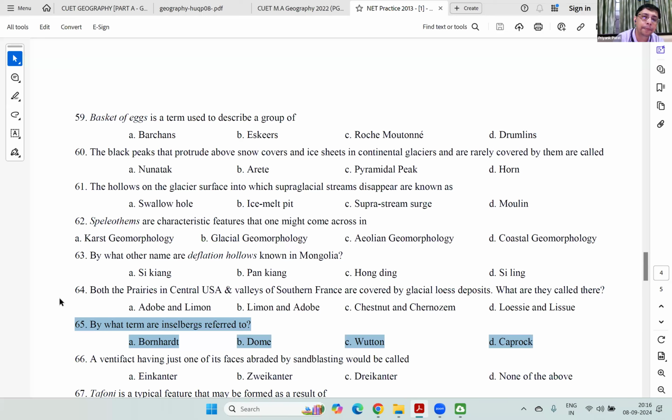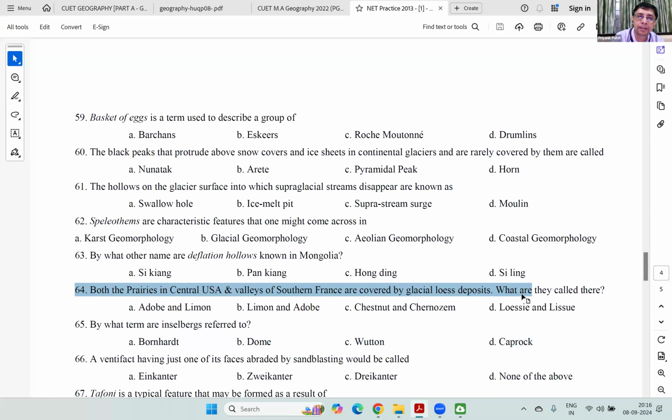65 is A. Then number 64, the prairies in the US and in the valleys of southern France, they are covered by glacial deposits. What are they known as? Adobe and limon, limon and adobe, chestnut and chernozem.